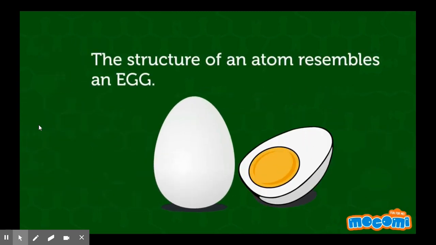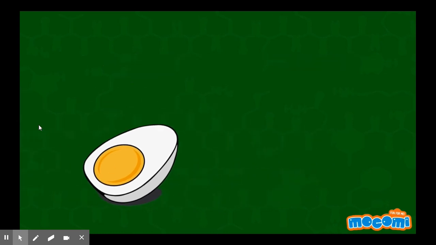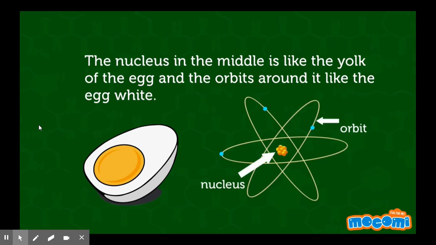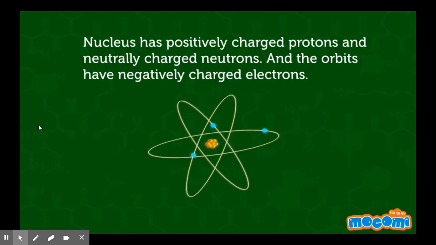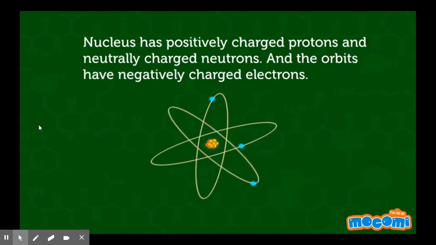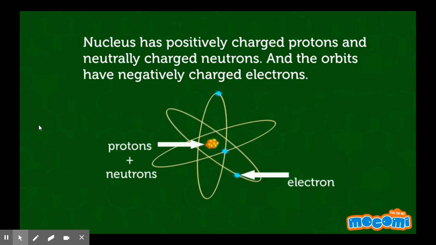The structure of an atom resembles an egg. The nucleus in the middle is like the yolk of the egg, and the orbits around it like the egg white. The nucleus has positively charged protons and neutrally charged neutrons. The orbits have negatively charged electrons.